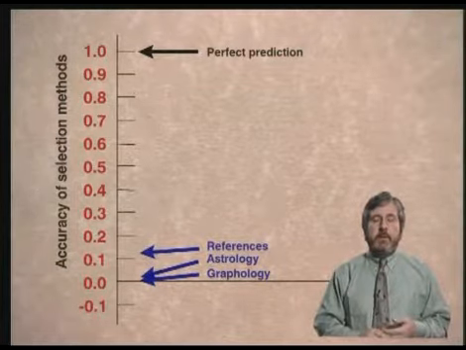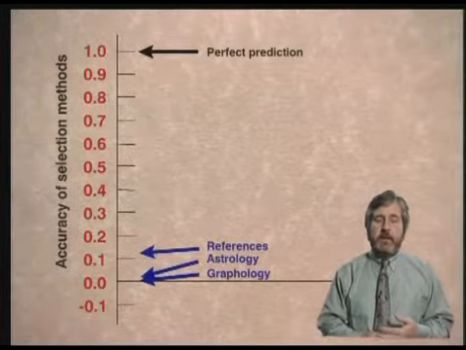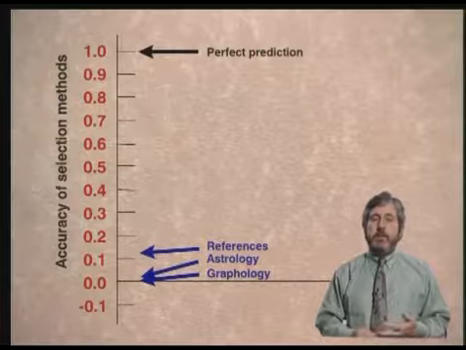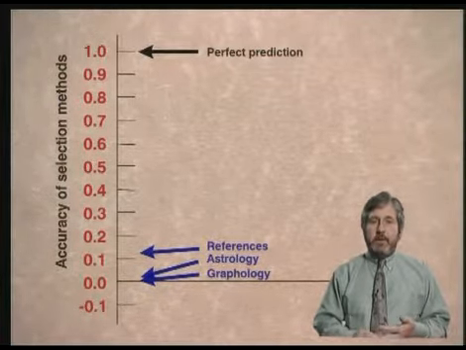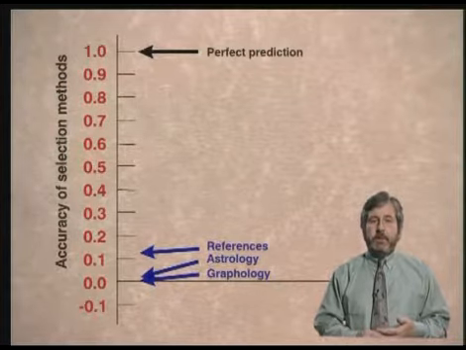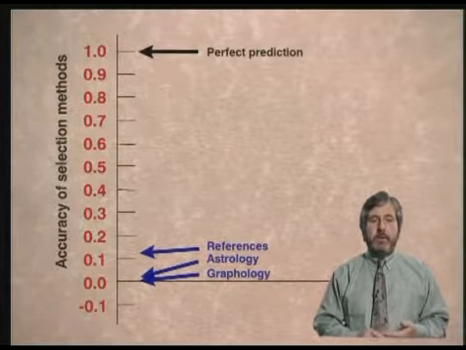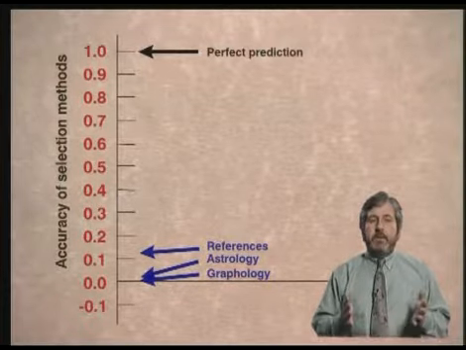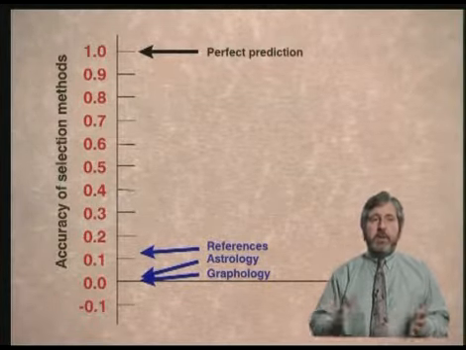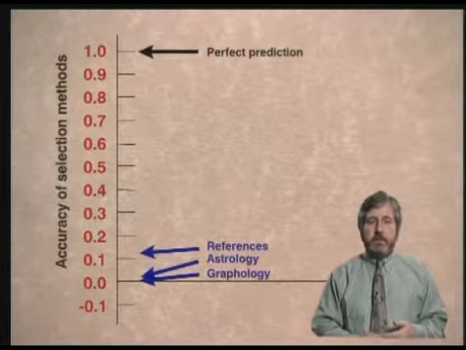References provide a similarly unsatisfactory level of prediction, A, because many employers won't do anything more than confirm someone's dates of employment, and B, because they're becoming defensive quite frequently in the way in which they word such things. Bear in mind that we're comparing these things with each other and against perfect prediction of work behaviour.